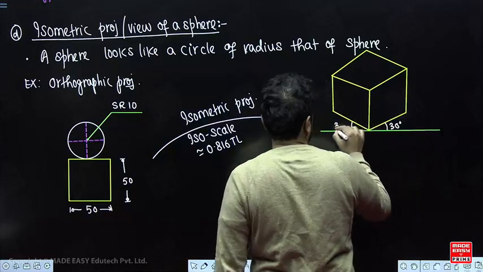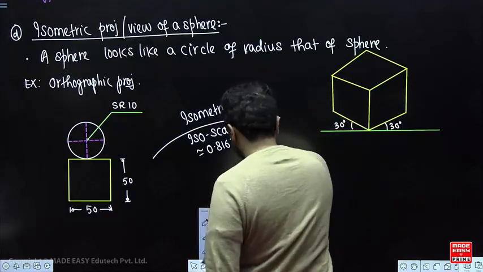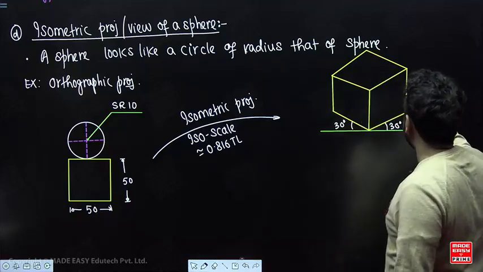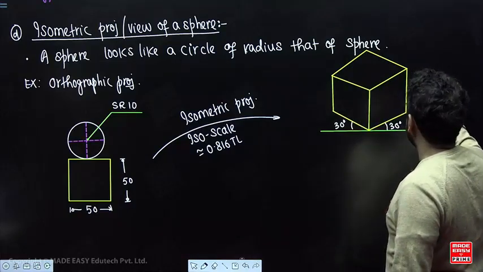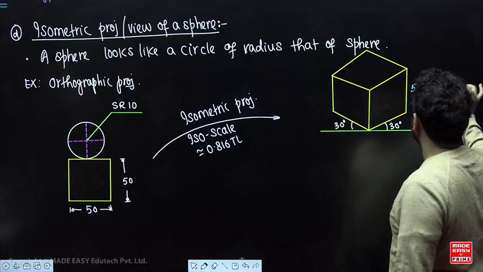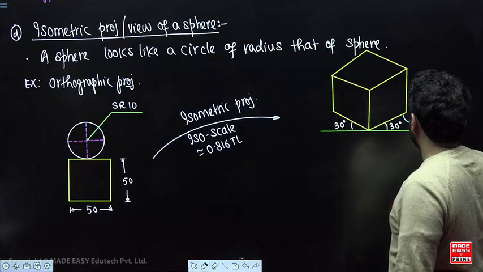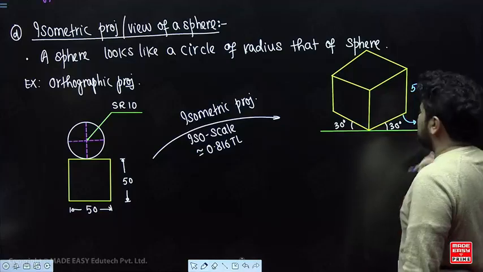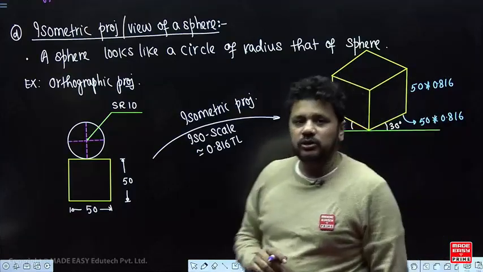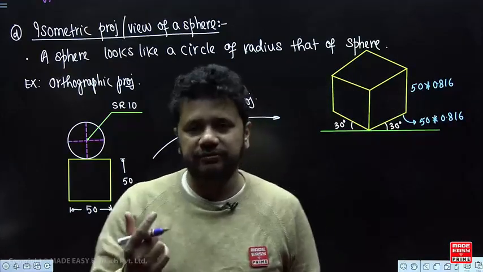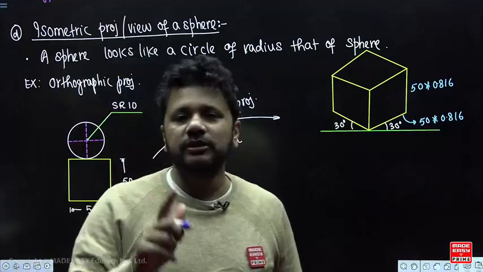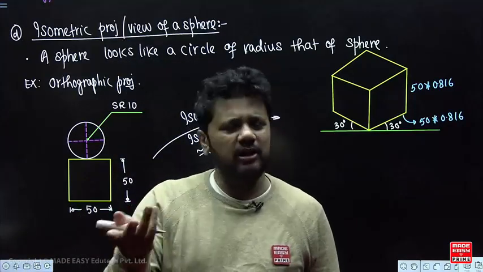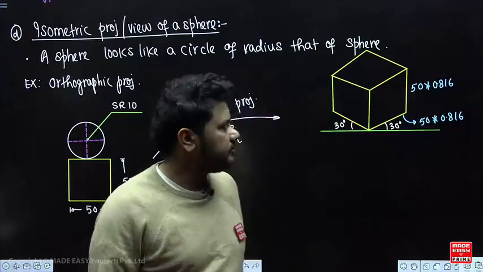This is 30 degrees. If anybody is saying isometric projection, it means that you have to multiply all the lengths by 0.816. This is 50 into 0.816. This length will be 50 into 0.816. So if you are going to topple at 30 degrees, if the actual length is 50 centimeters, you will be seeing only 40. 50 into 0.8, almost 40 centimeters, right?